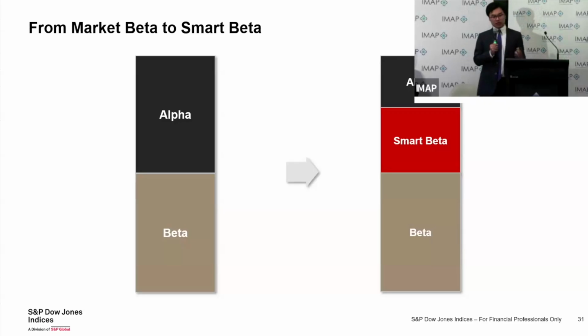But what it really tells us is that on top of the market beta, you have other factors or smart betas that are giving you some systematic exposures, and as compensation, you are getting some excess returns. So it squeezed the traditional so-called alpha to a higher level.